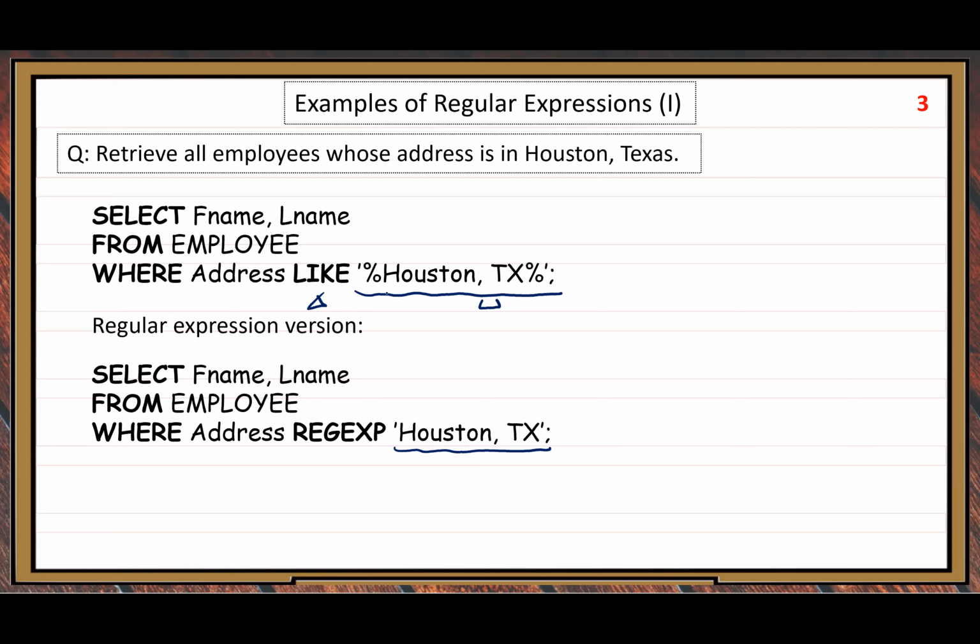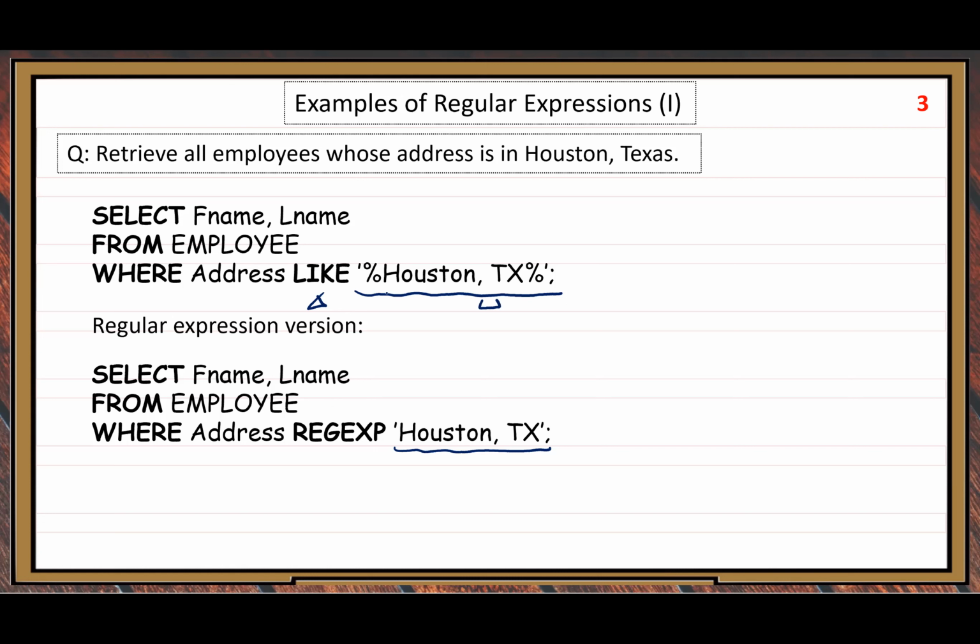We do not need to put anything special before Houston. Then after TX, we do not say anything, which means anything can appear after TX. No special pattern description is needed there. That's a different property of regular expression patterns.